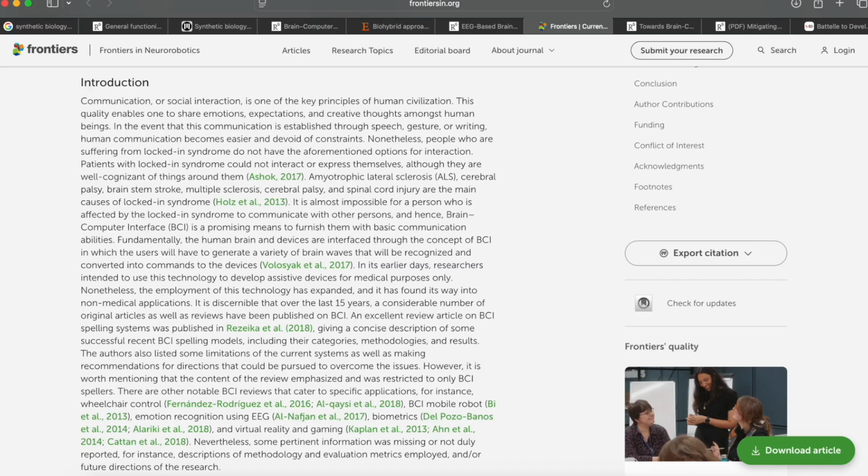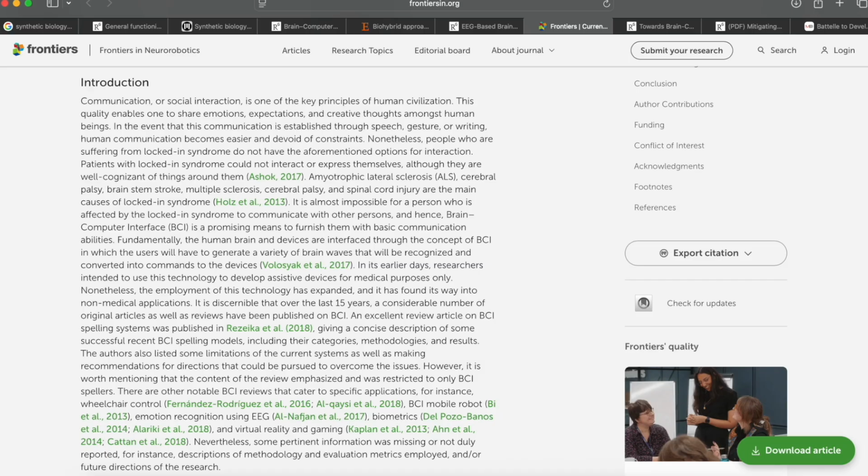The authors also listed some limitations of current systems, as well as making recommendations for directions that could be pursued to overcome the issues. However, it is worth mentioning that the content of the review was restricted to only BCI spellers. There are other noticeable BCI reviews that cater to specific applications.